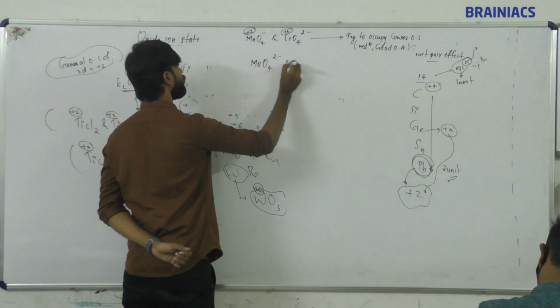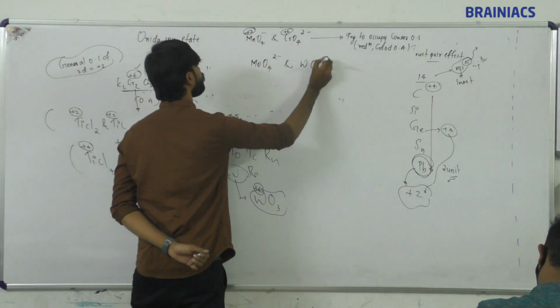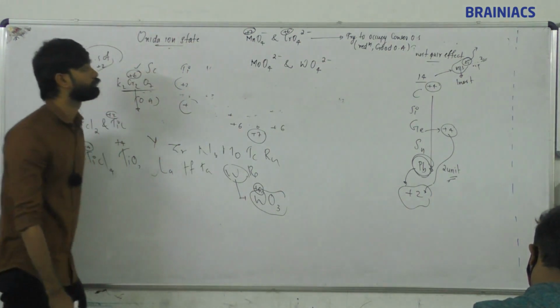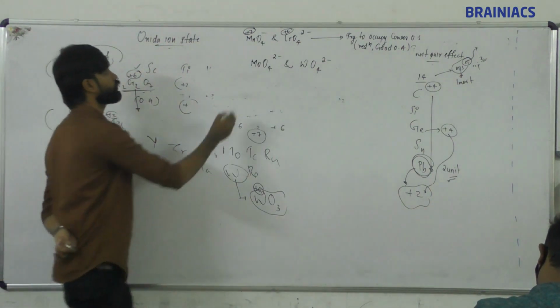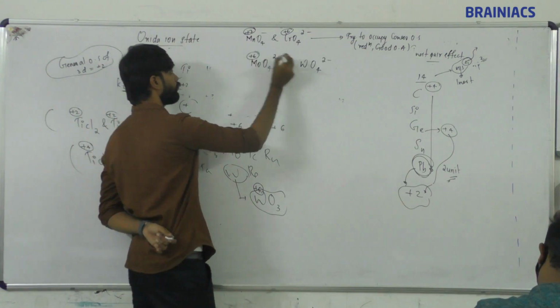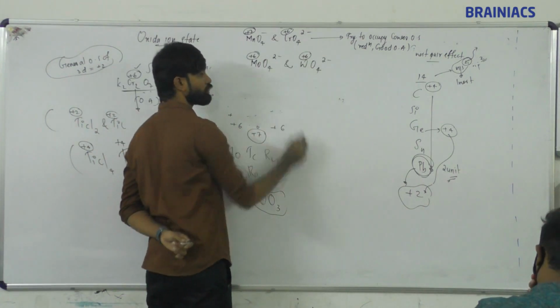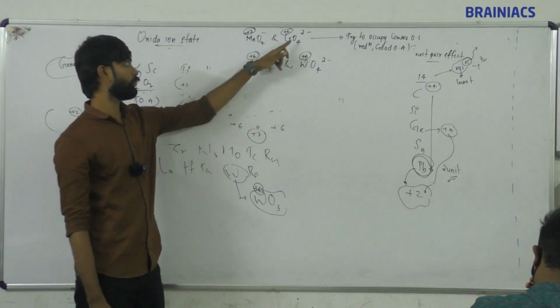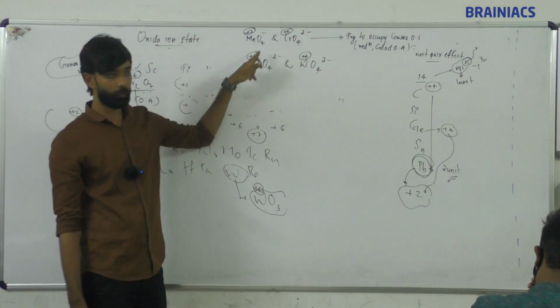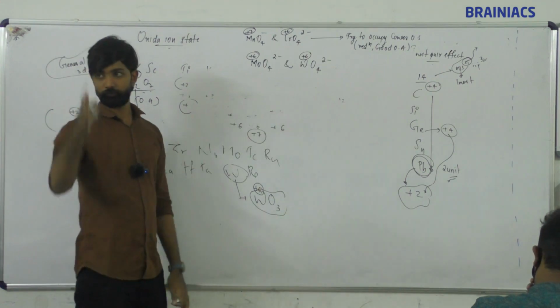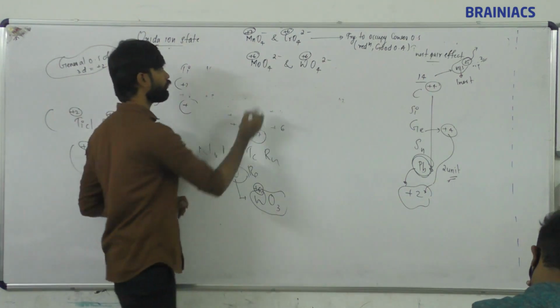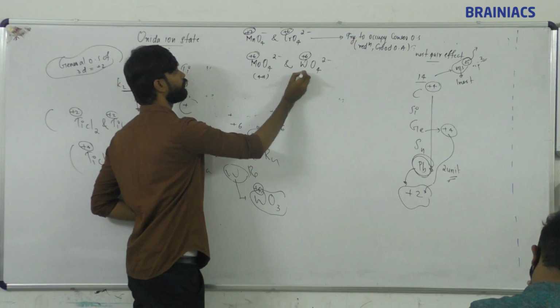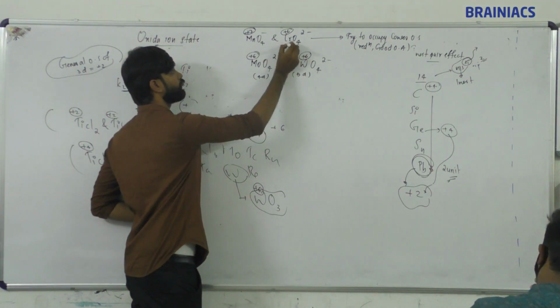The next: MoO4 2 minus and WO4 2 minus. Both are in the +6 oxidation state. These are the lower members of the group: chromium, molybdenum, tungsten. This is in 4d and this is in 5d, whereas chromium is in 3d.